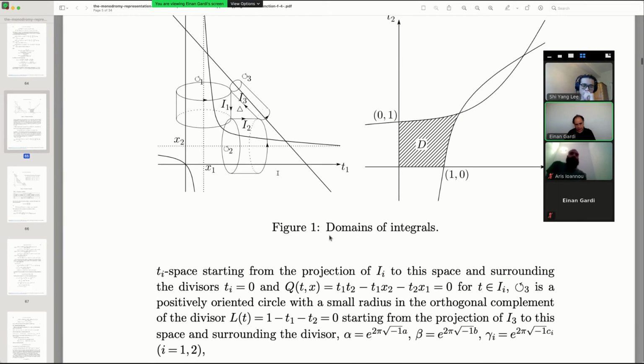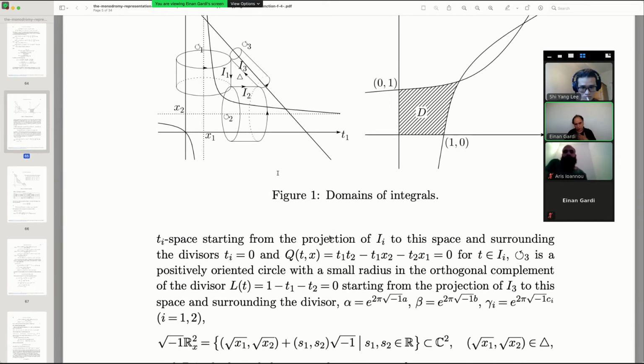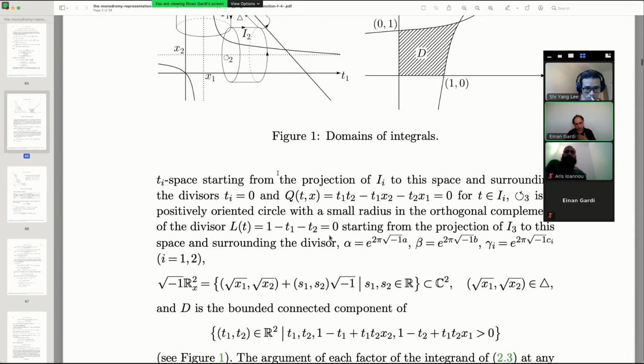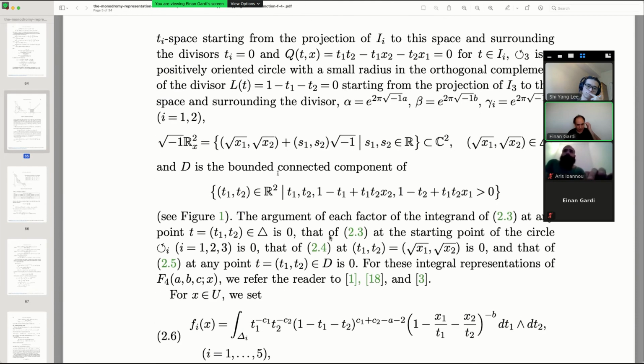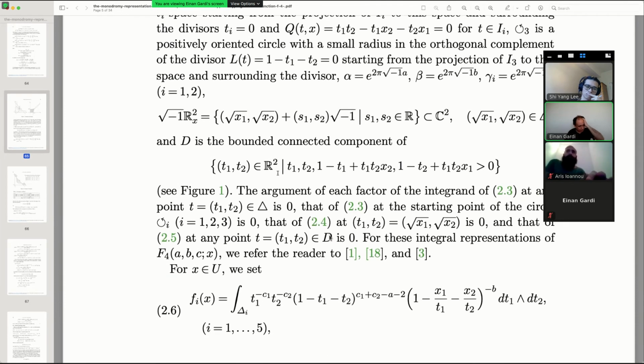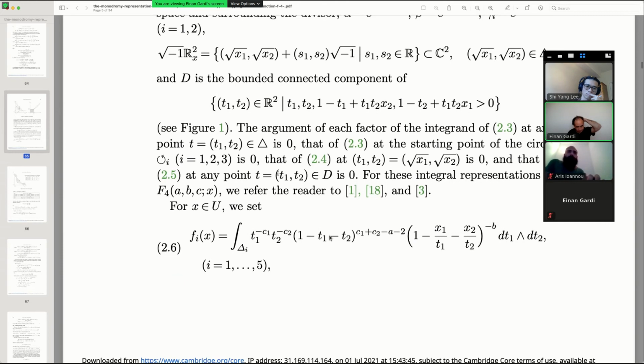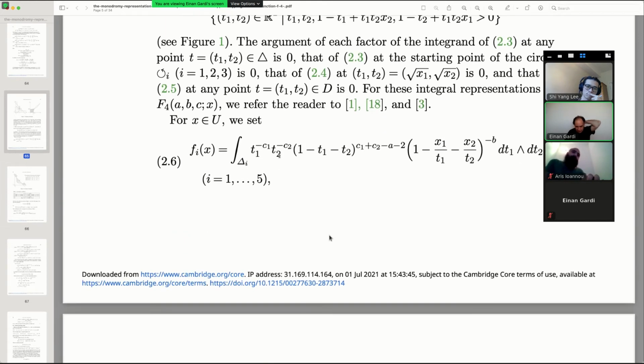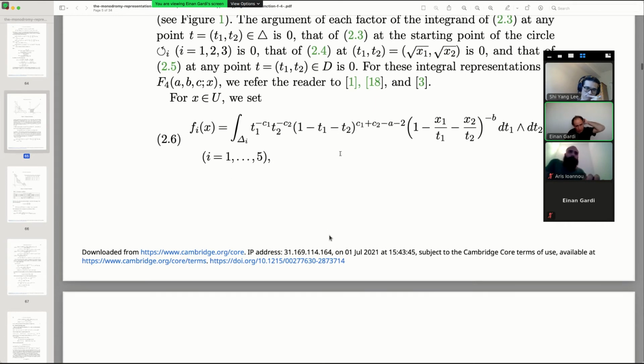So I don't know whether it is possible to work directly with this I1 because of these complicated boundaries. But that's the representation that they use as the defining one.